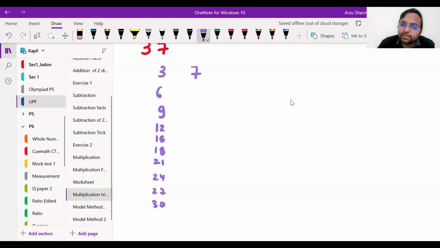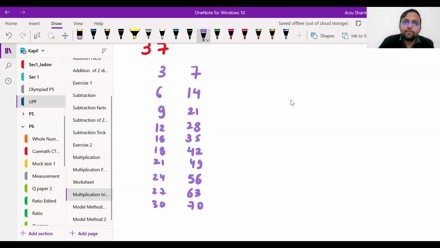Similarly, we'll write the first 10 multiples of 7. The first one is 7 itself, then 14, 21, 28, 35, 42, 49, 56, 63, and 70.